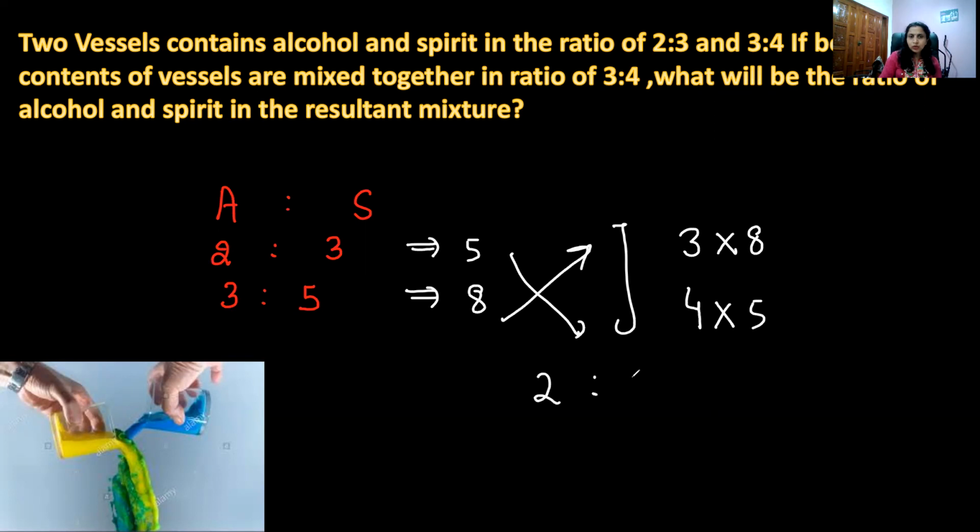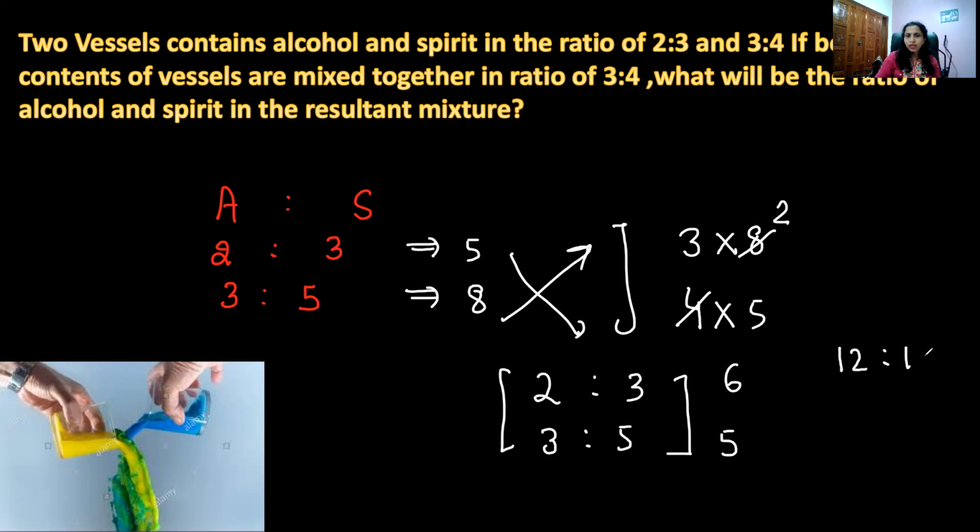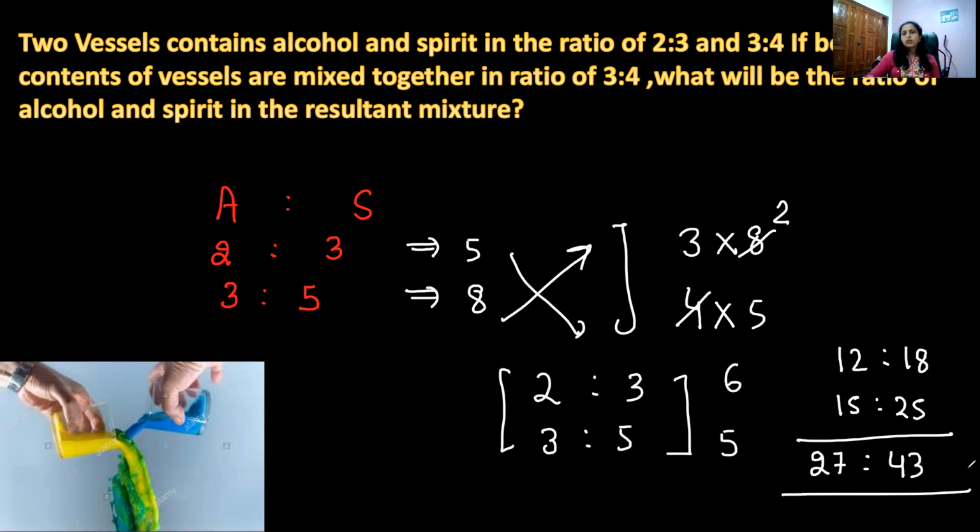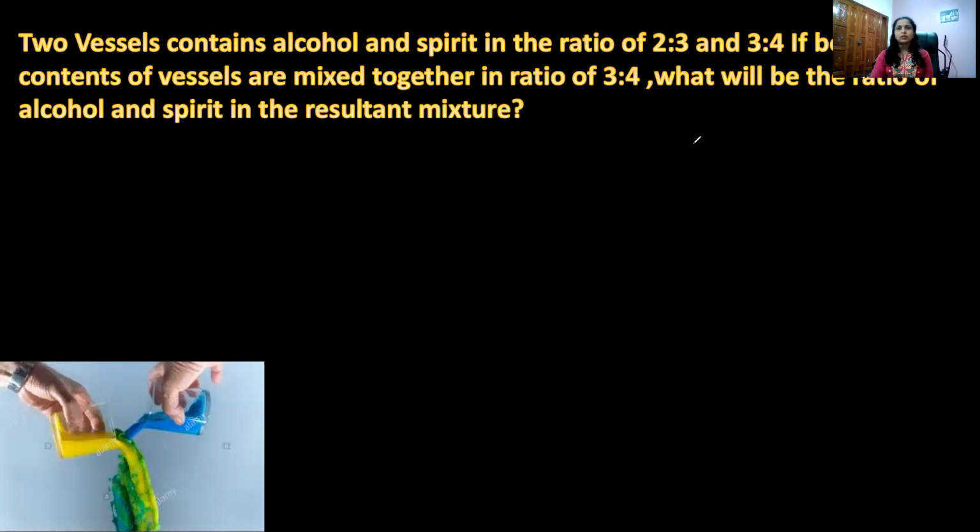Now here 2:3 and 3:5. To reduce the steps, we can cancel like this. So here it becomes 6/5. So this becomes 12:18 and this becomes 15:25. And finally, if you add, this becomes 27:43. So that is what I wanted to explain. In questions where we can cancel like this in terms of ratio after multiplying, it's easier to cancel them and get our answers.